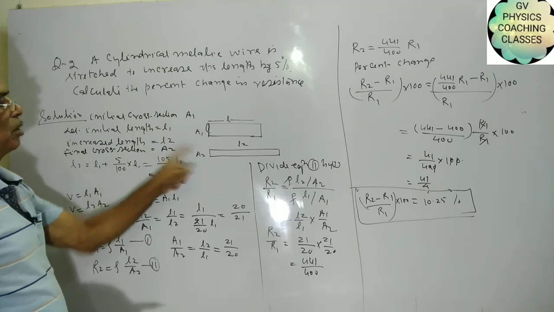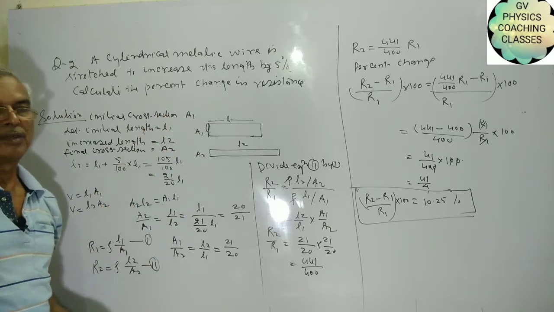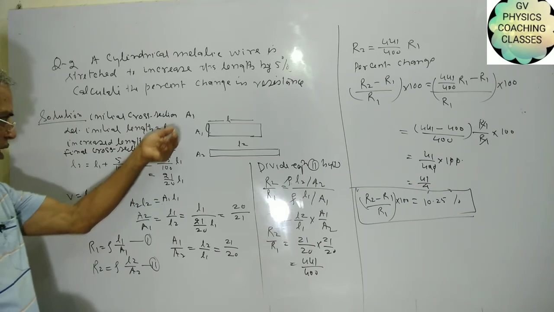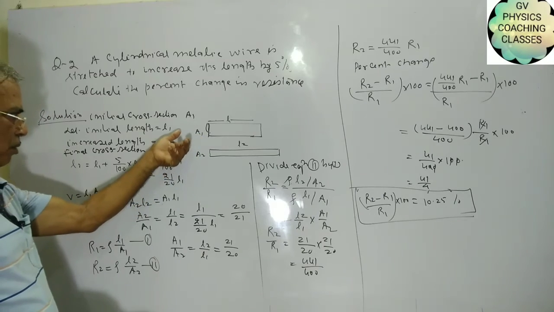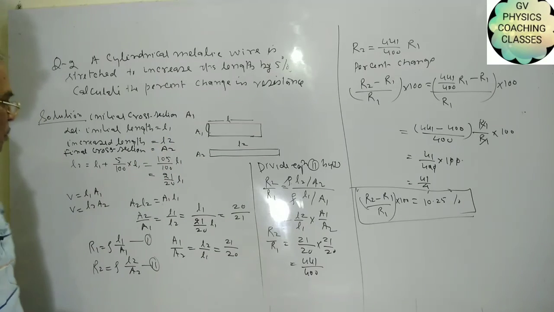A1, A2 are the cross sections before and after stretching. L1 and L2 are the lengths of the wire before and after stretching.